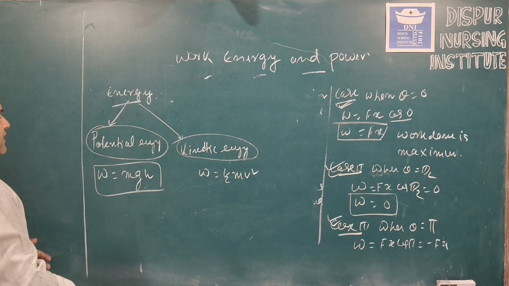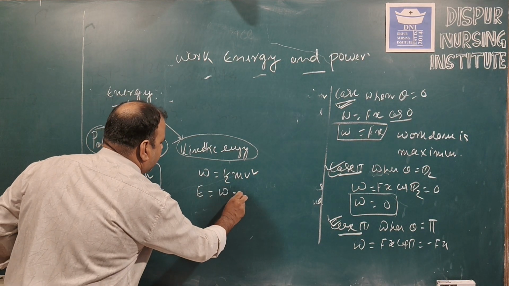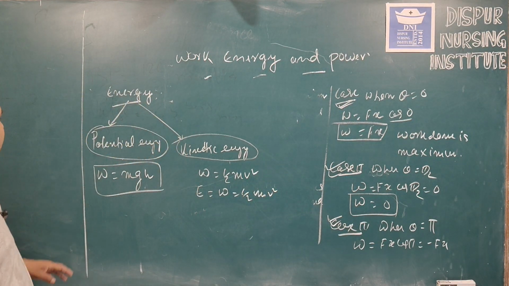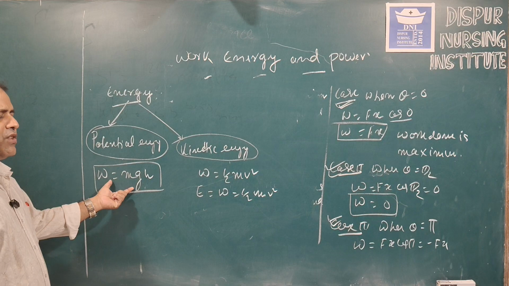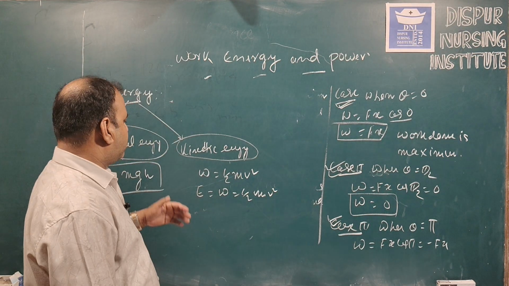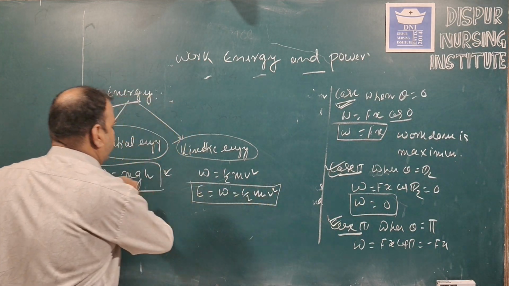Sometimes kinetic energy is also expressed as E is equal to half mv square. So W is equal to mgh is the potential energy, and E is equal to half mv square is the kinetic energy. You remember this is an important formula for solving numerical problems.